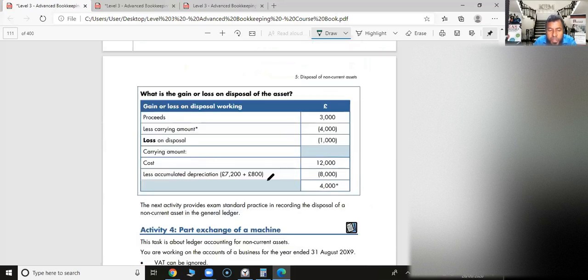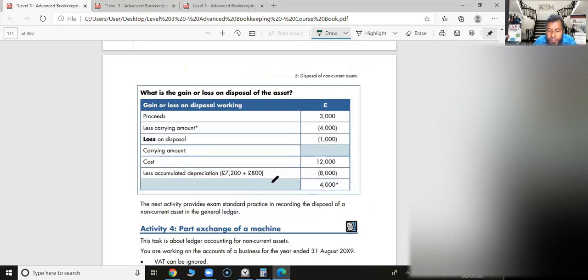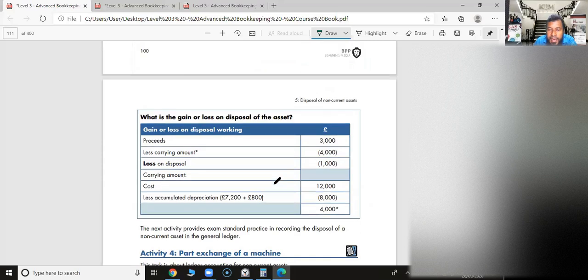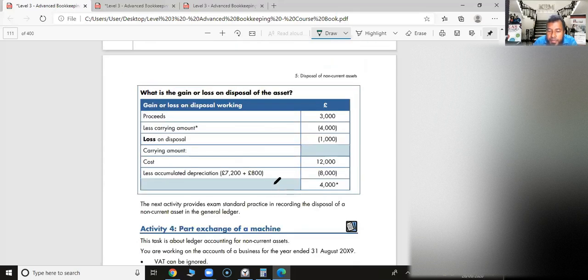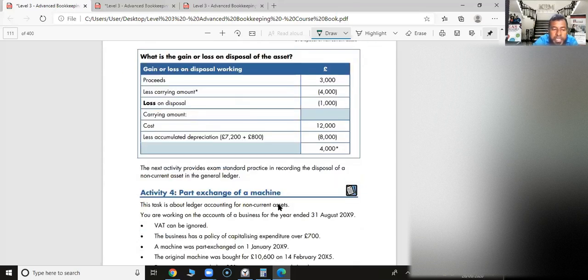What is the gain or loss on the disposal? The balance brought down of the depreciation is already accumulated. We still compare the sale proceeds with the carrying amount, and the carrying amount is 4,000. How did they find 4,000?